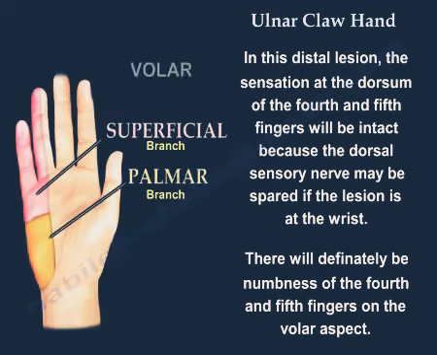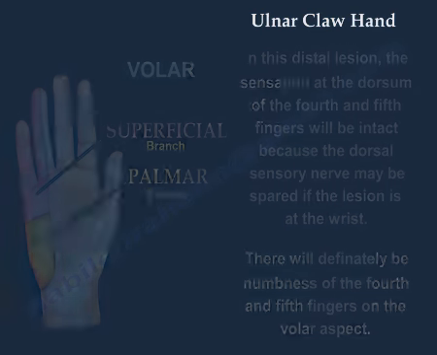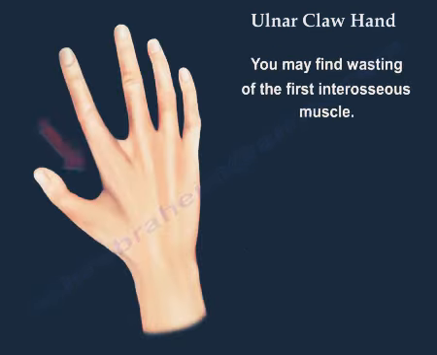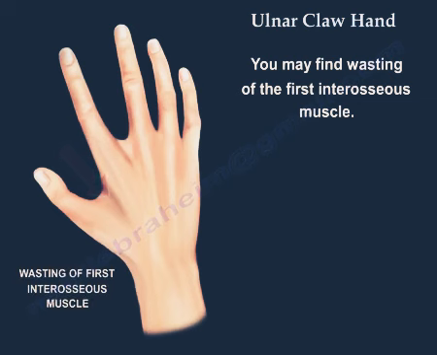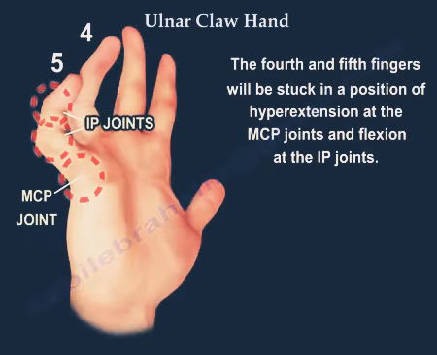But you will definitely find numbness of the 4th and 5th fingers at the volar aspect. You may find wasting of the first interosseous muscle. You also may find flattening of the hypothenar eminence. The 4th and 5th fingers will be stuck in a position of hyperextension at the MCP joints and hyperflexion at the interphalangeal joints.